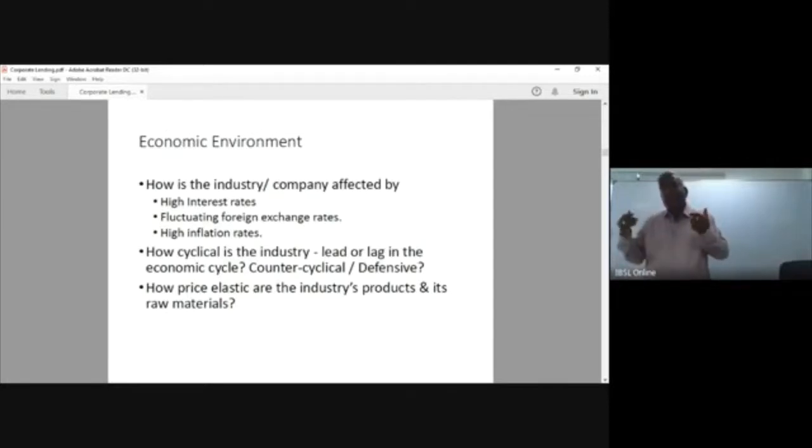The industrialists can't decide their cost of production or what price they can sell their product, because most of the industries are importing their raw materials. So based on the price of the raw material, they calculate and offer the price for their export or for the market to sell their product.